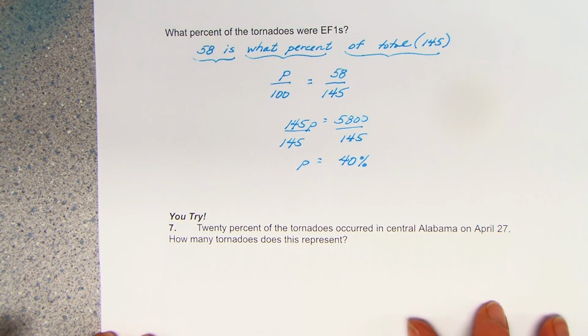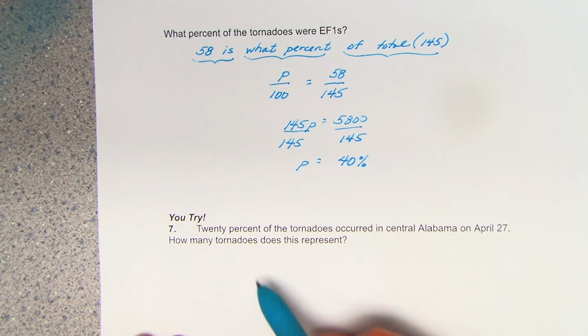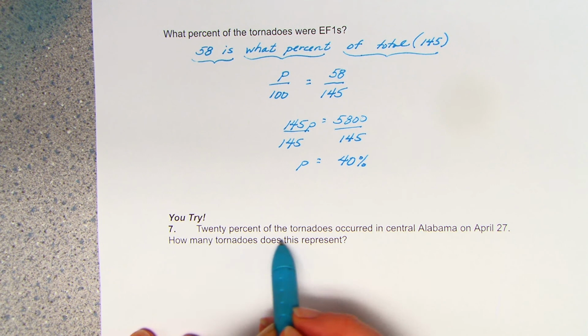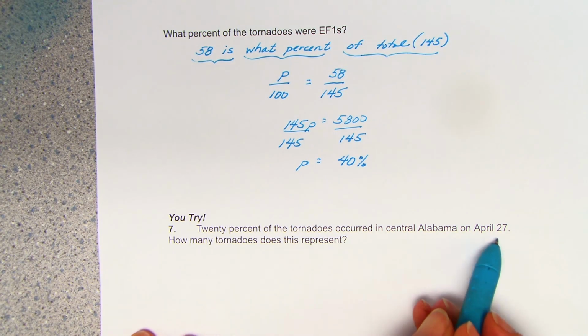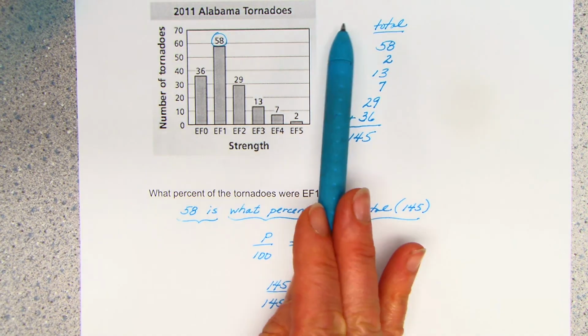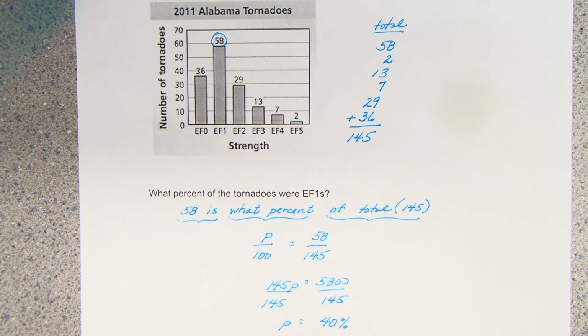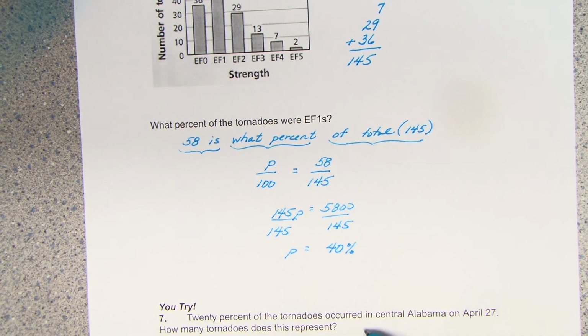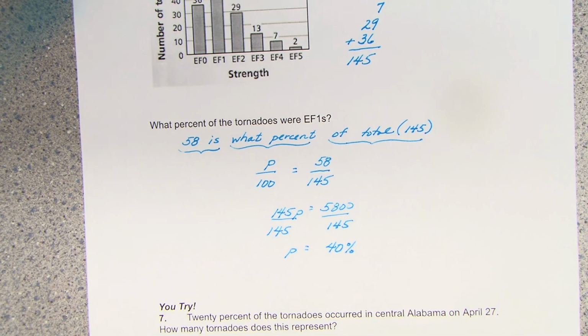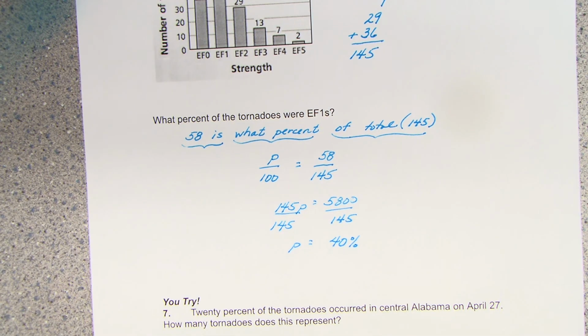And then I just want to read through this last problem with you, make sure you get it set up. 20% of the tornadoes occurred in central Alabama on April 27th. So this graph is all of the tornadoes that occurred in Alabama. 20% of those occurred in central Alabama on the 27th. How many tornadoes does this represent?